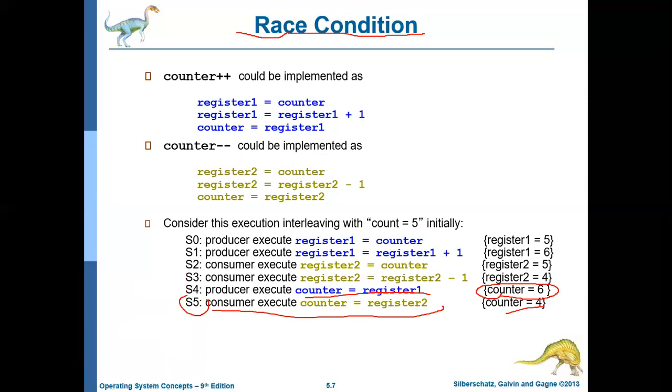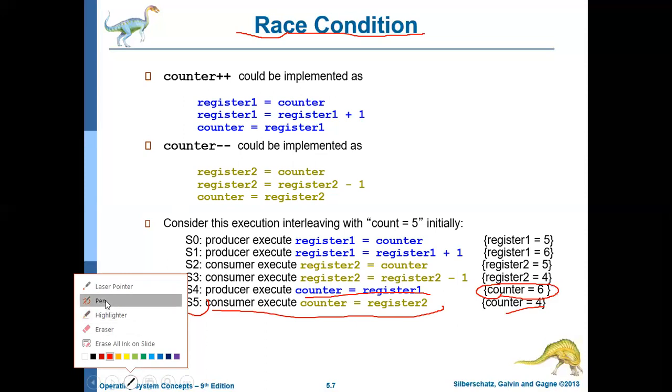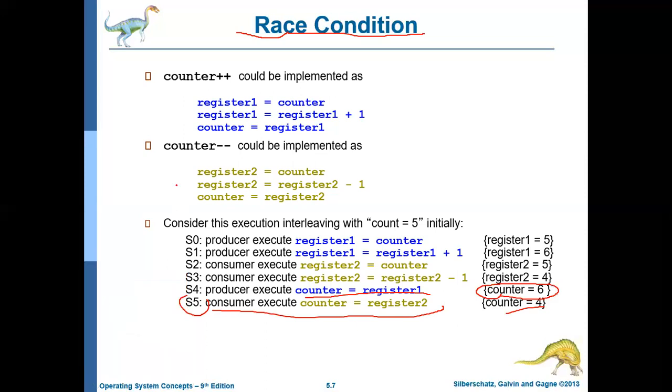Now, the code which creates data inconsistency. Here the data inconsistency is created by counter plus plus and counter minus minus.